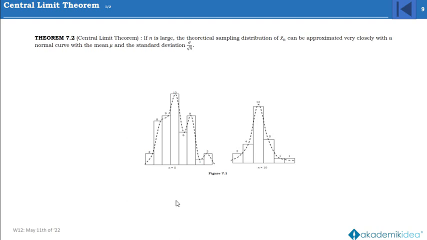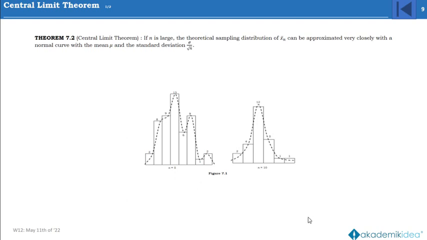Let us now illustrate how Theorems 7.1 and 7.2 can be used in our problem to calculate the probabilities of getting various values of sample means.